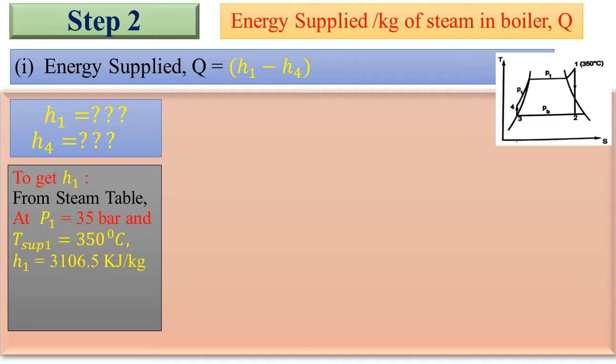As pressure and superheated temperature are mentioned, we will refer to the superheated section of the steam table, and at the conjunction of 35 bar and 350 degrees Celsius we will identify the value of enthalpy. From the table we get H1 is equal to 3106.5 kilojoule per kg.